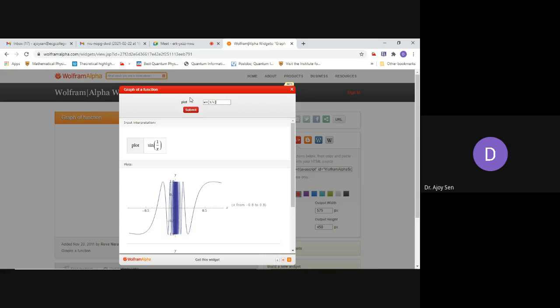So you see, I have written only plot sine of 1 by x and just submitted it, and it gives me the instant plot of this sine of 1 by x function. Actually this software is not free. You have to buy it. It has many versions, like a student version, and different versions like that.